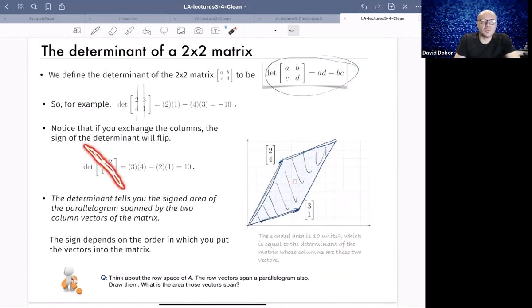This is how the formula goes. You take the guys on the main diagonal, these are A times D, and the guys on the other diagonal of this matrix, these are B times C. When you compute A times D minus B times C, you get some number. That number is called the determinant.